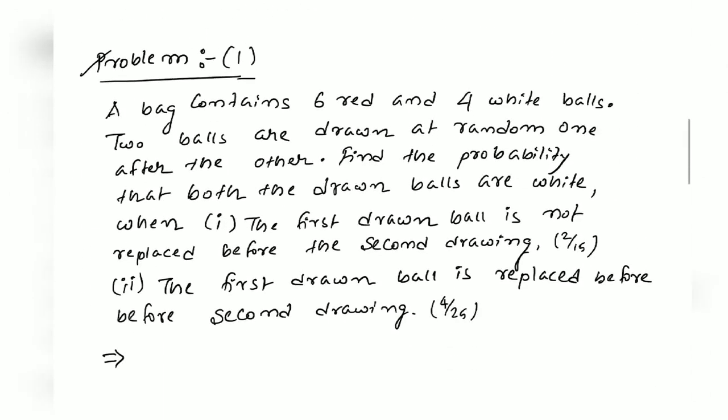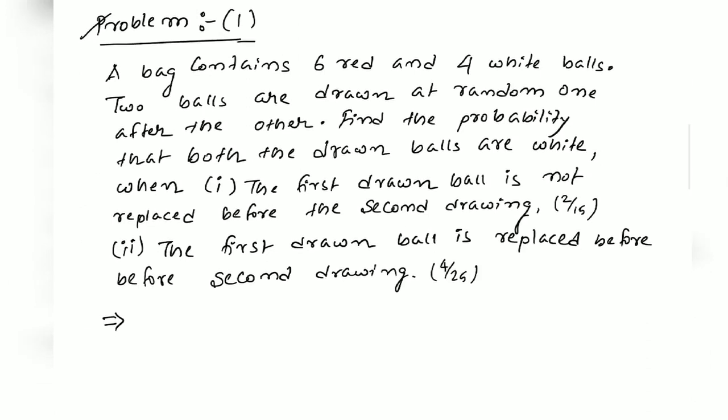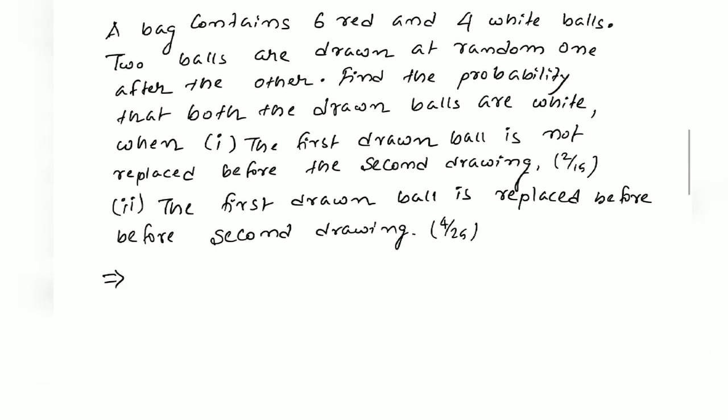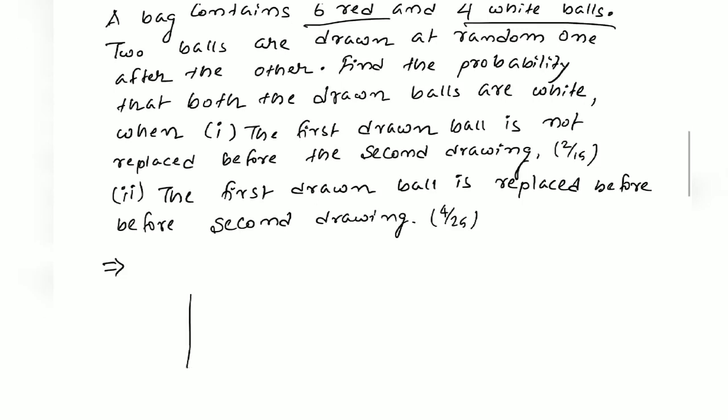Now let's move on to a problem. In this problem we will solve it piece by piece. Let's say we have a bag containing 6 red and 4 white balls. So we are having one bag where we are having 6 red balls and 4 white balls.